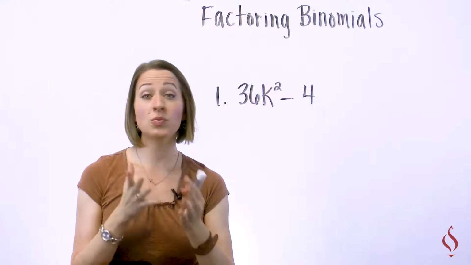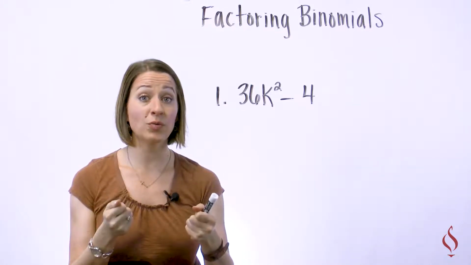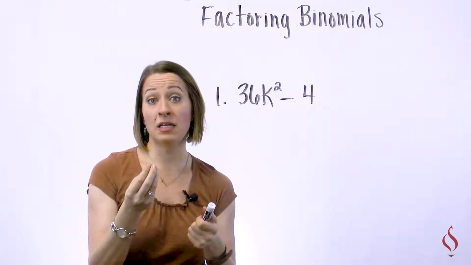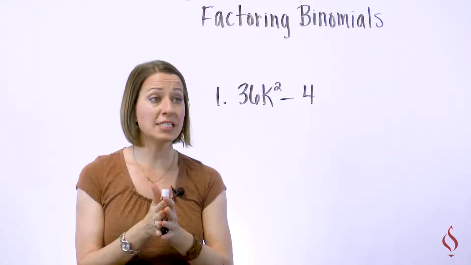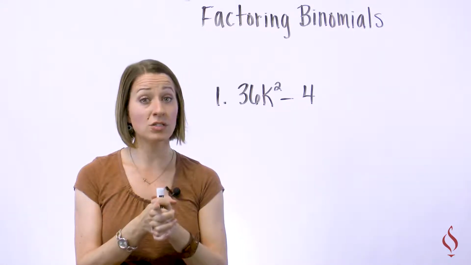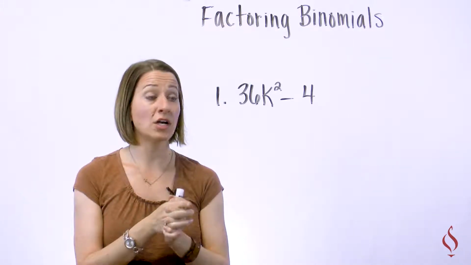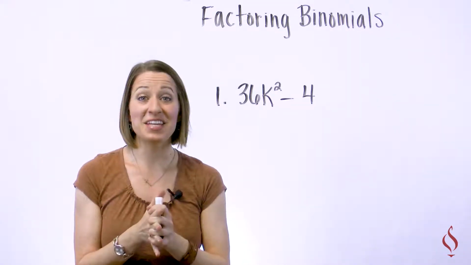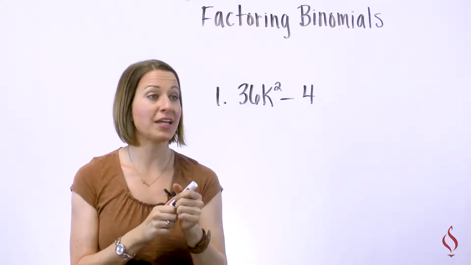A perfect square number means that you can take the square root of these numbers and get a whole number as the result. So 36 is a perfect square number. K squared is also a perfect square number, because k times k. And 4 is also a perfect square number. That's how this method gets its name, difference of squares.